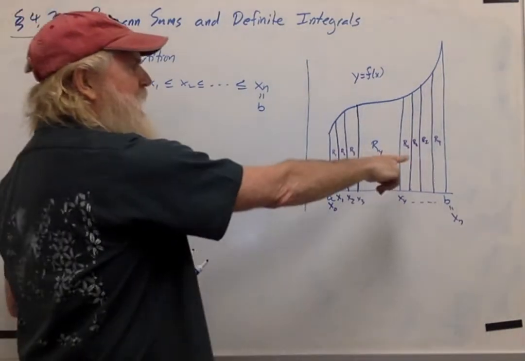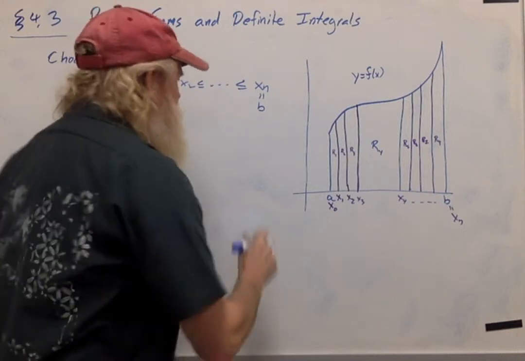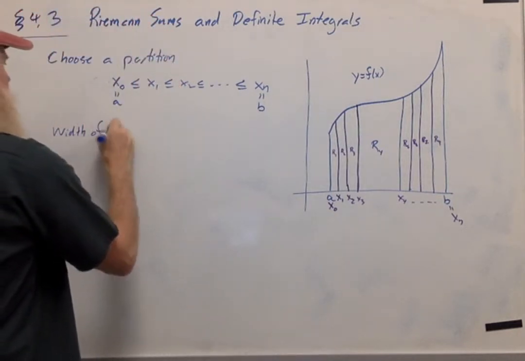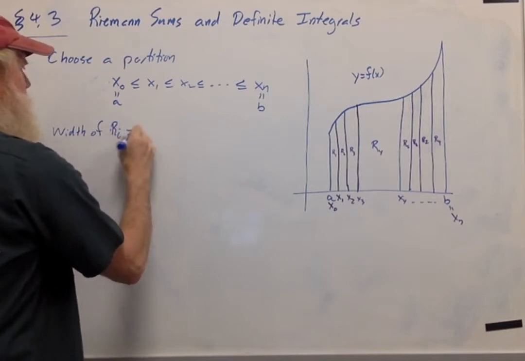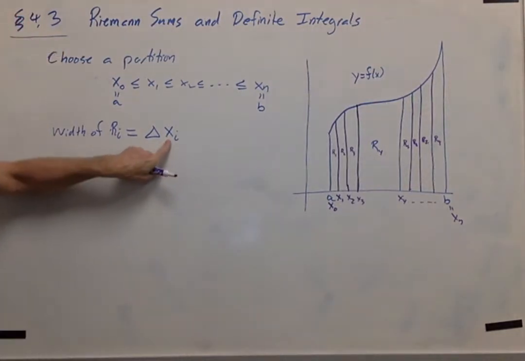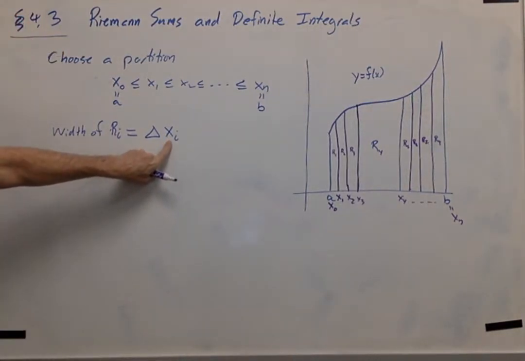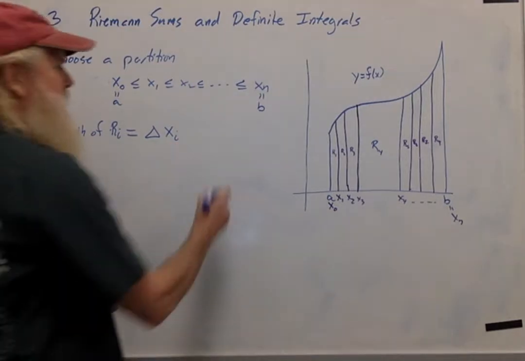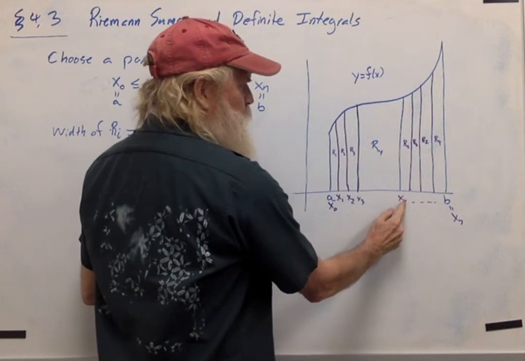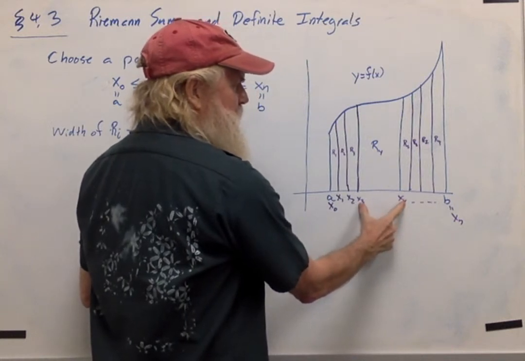Now notice that these rectangles might have different widths. So I'll say that the width of r sub I is called delta x sub I. Previously, when they all had the same width, we just said delta x. If they have different widths, I'll indicate it by saying delta x sub I. And notice the formula for that is going to be the right endpoint minus the left endpoint.